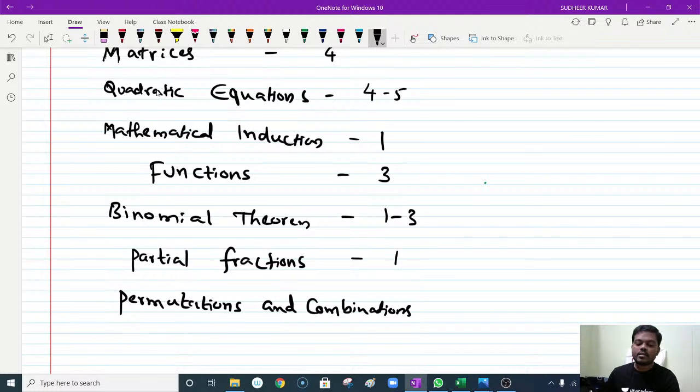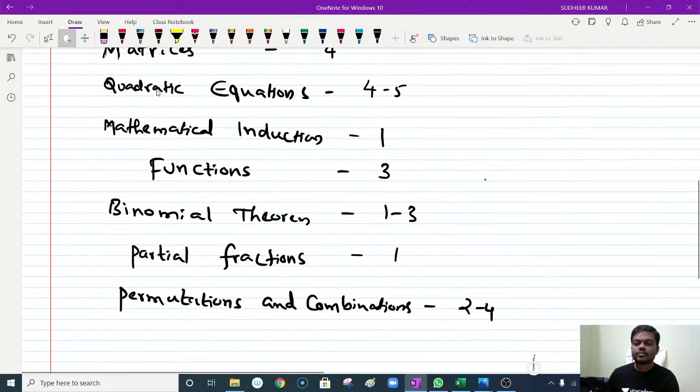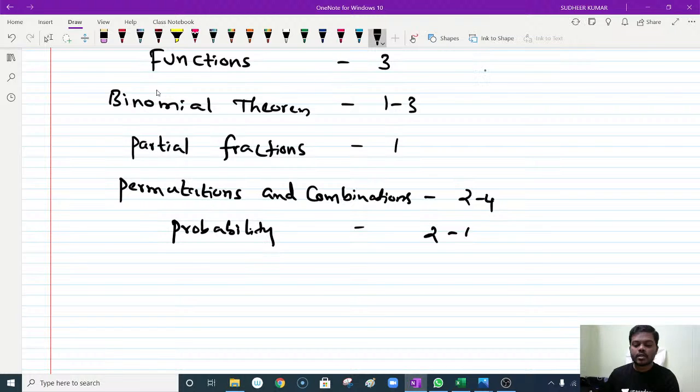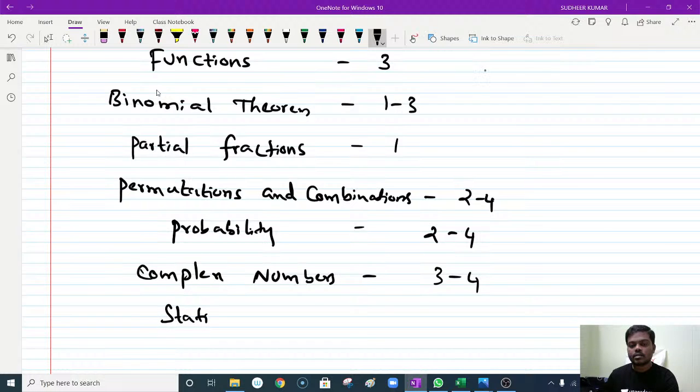Permutations and combinations, 2 to 4 marks. Next, probability, 2 to 4 marks. Complex numbers, 3 to 4. Statistics, 1 to 2 marks. This is about algebra.